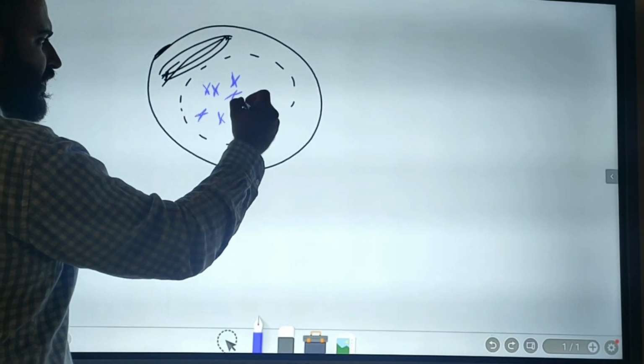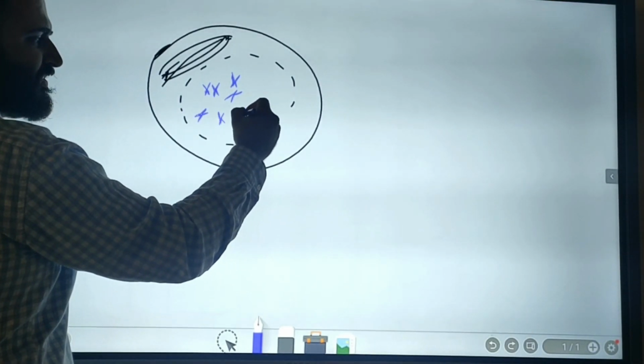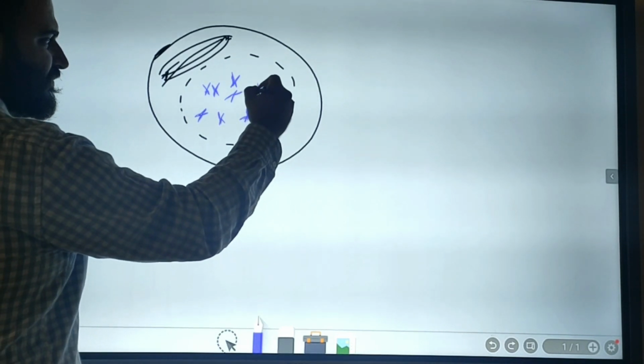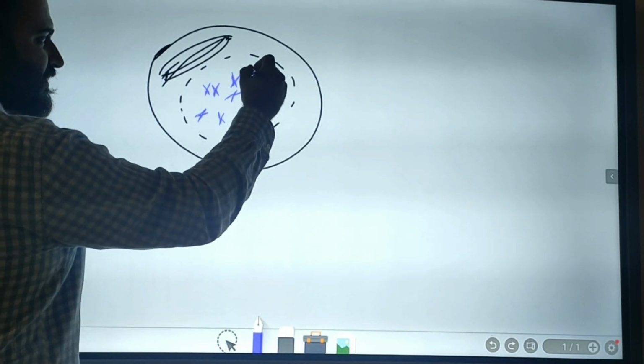So if we look at a cell with visible chromosomes, we can tell directly that this cell is about to divide or it is dividing.